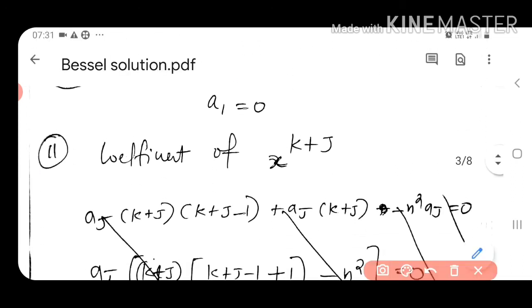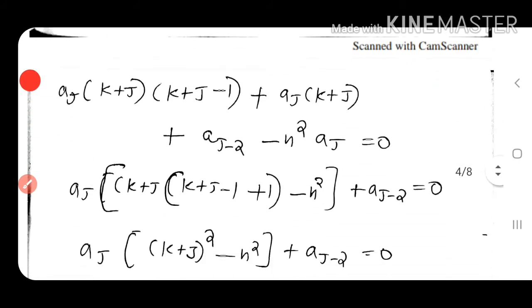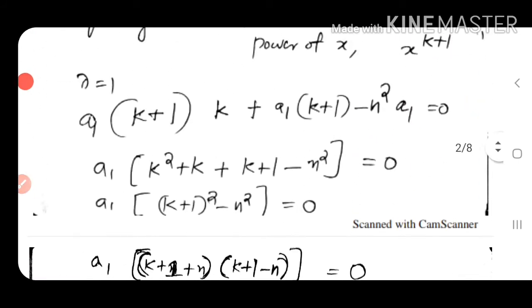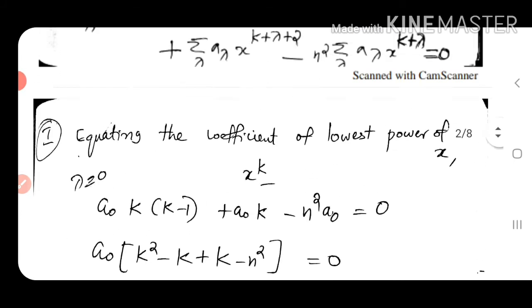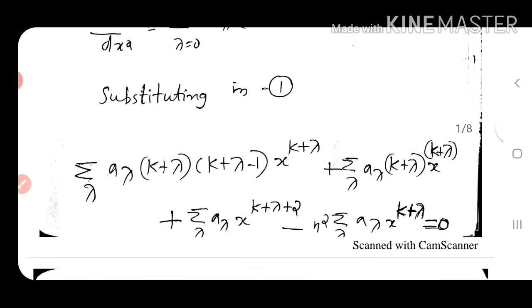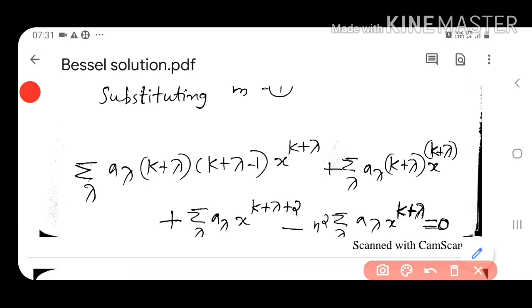Then the coefficient of x to the power k plus j we are taking. So how do we get the coefficient of x to the power k plus j? What we do is, here in the general equation, here you put lambda equal to j.